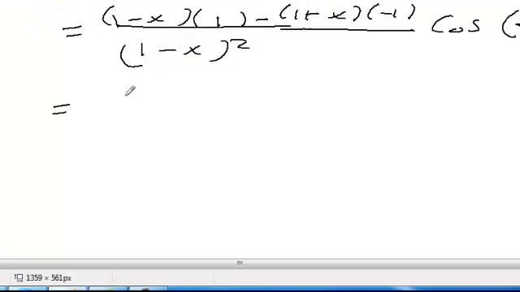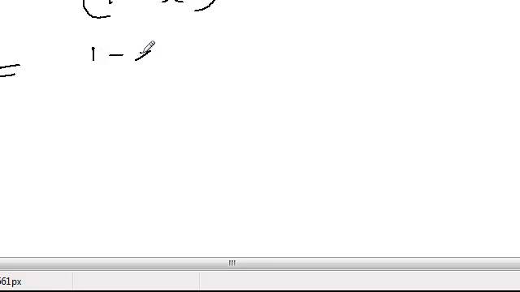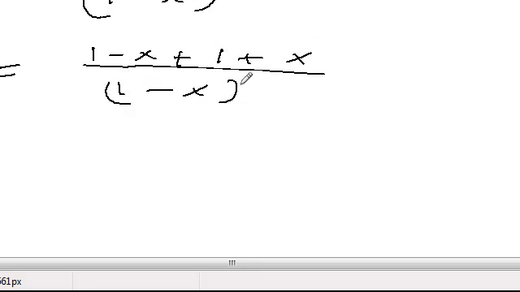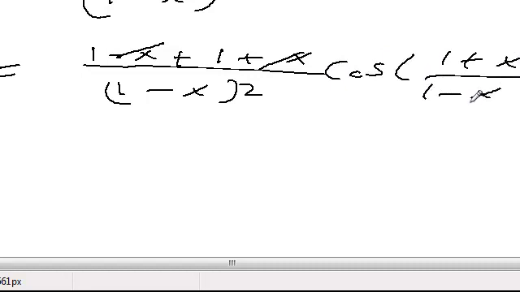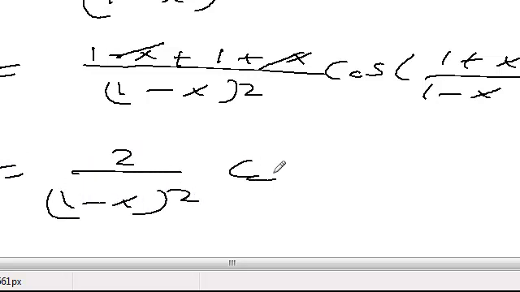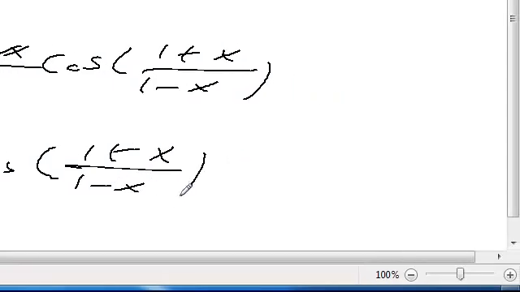Now 1 minus x plus 1 plus x divided by 1 minus x all squared, cancel minus x and x, equals 2 divided by 1 minus x all squared, cosine of 1 plus x over 1 minus x.